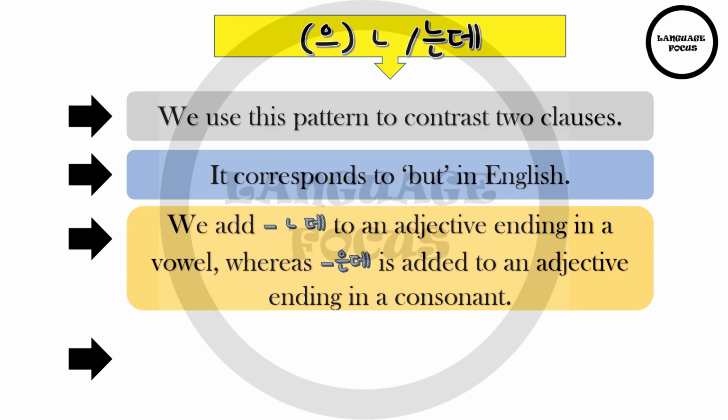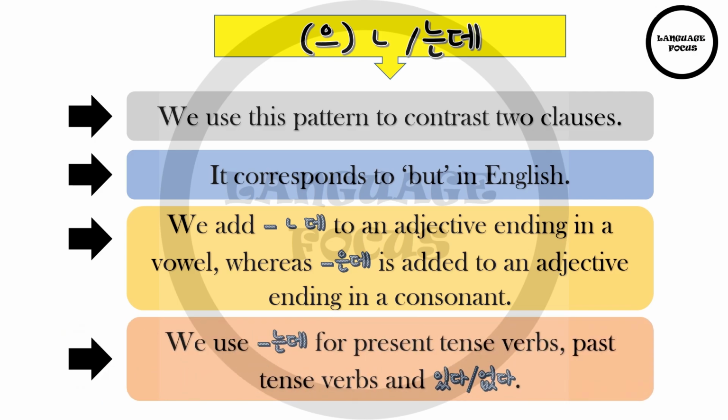We add 는데 to an adjective ending in a vowel, whereas 은데 is added to an adjective ending in a consonant. We use 는데 for present tense verbs, past tense verbs, 있다 or 없다.